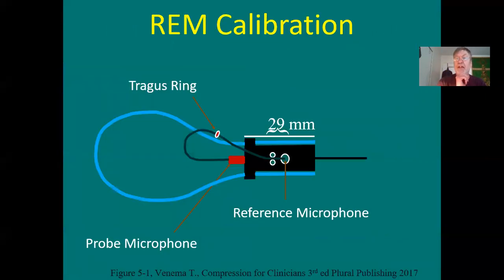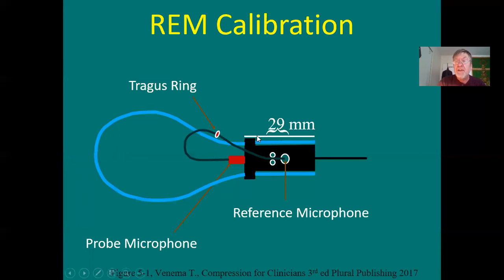So to calibrate, now you'll notice on every REM system, there's a measurement on the box. And look at this black box. It's 29 millimeters long. No longer, no shorter. Because you are laying this tube on the box and you're making sure the tip of the tube is right where my cursor is, and you're going to put this little ring right here.